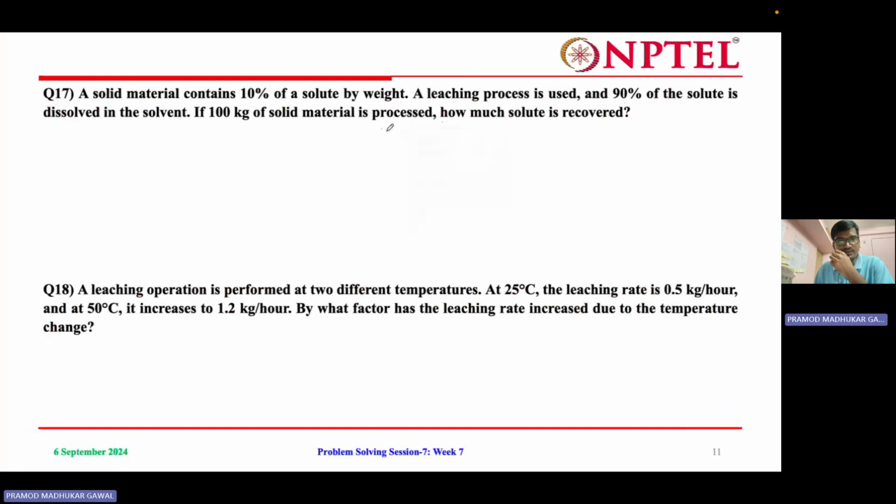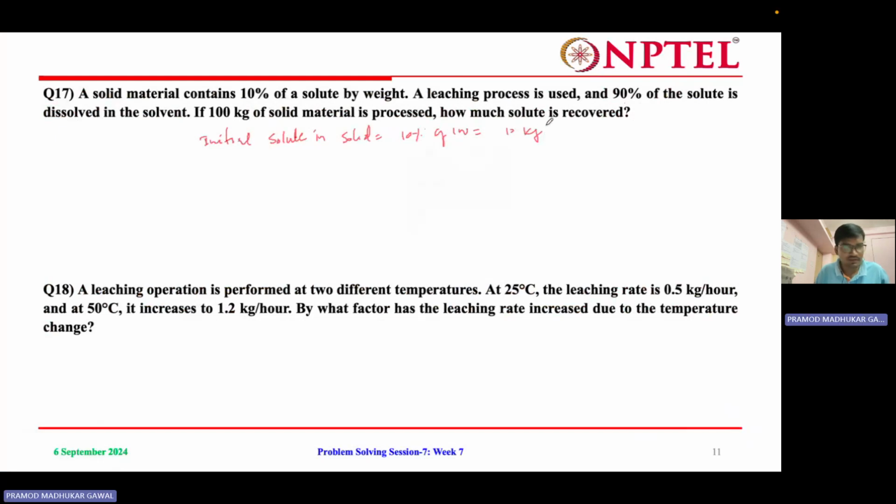If 100 kg of solid material is processed, how much solute is recovered? Here we have 100 kg of solid material, and it contains 10% solute by weight. So the initial solute in the solid is 10% of 100, so 10 kg.